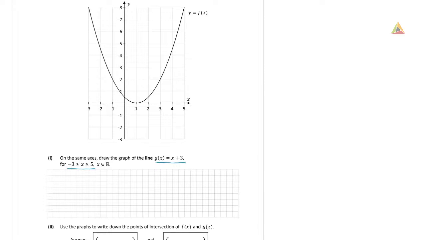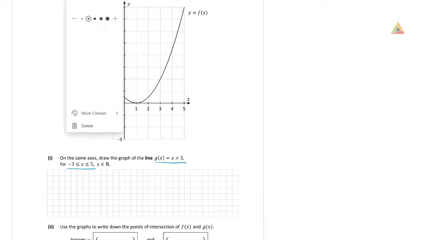Now, you can do this on the calculator or you can do it using a table. So I'm going to do it using a table. So my x values go from minus 3 to 5. I'll do it over here just to make it a bit clearer.